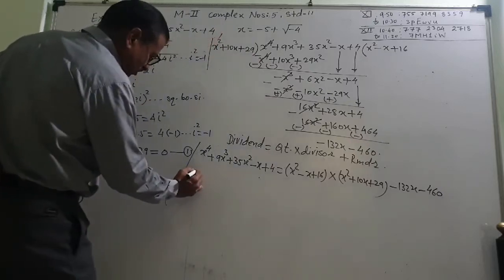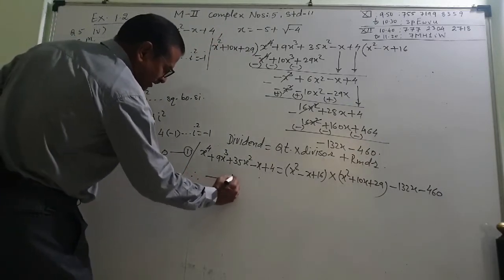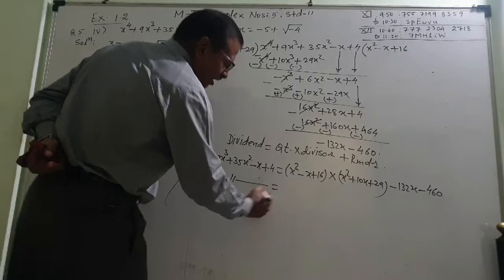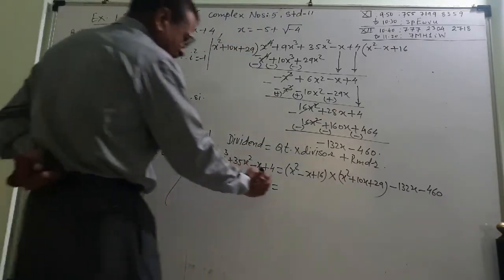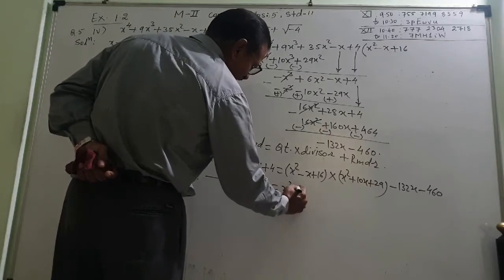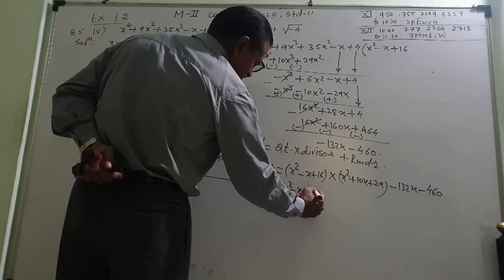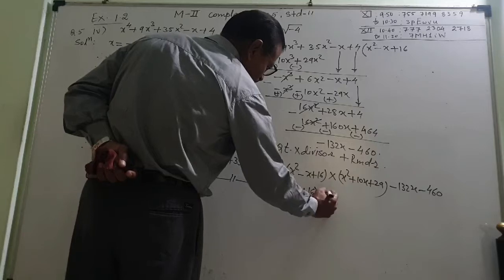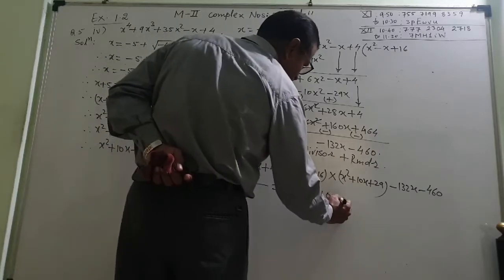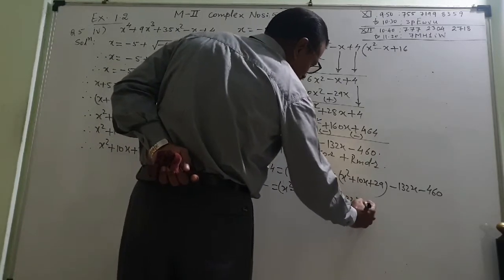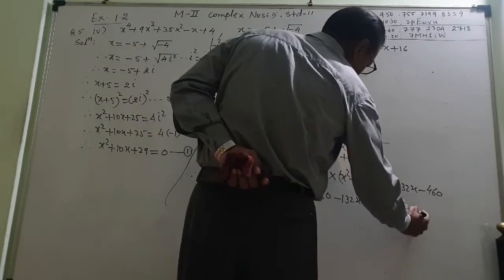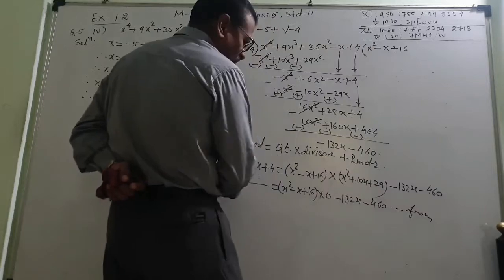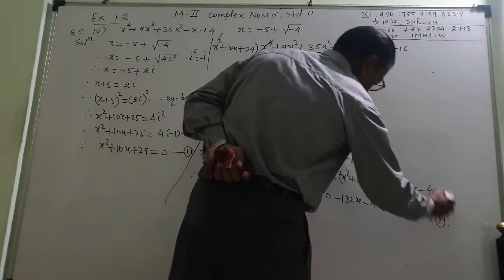So therefore, the value of this is 0. So here x square minus x plus 16 into 0 minus 132x minus 460, and here I will write from where you have got this 0, from 1.